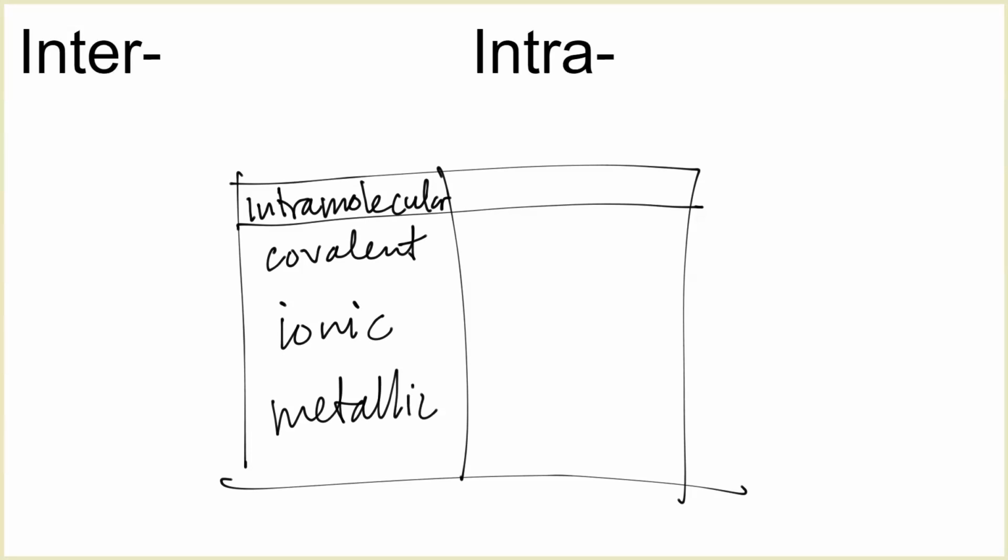So an intramolecular force is a bond that holds a molecule together. Okay, covalent, ionic, metallic. We've talked about those up till this point. Now, today what we're going to talk about are the intermolecular forces. And we're going to list them. There are 3, and you can fill this in as we go.